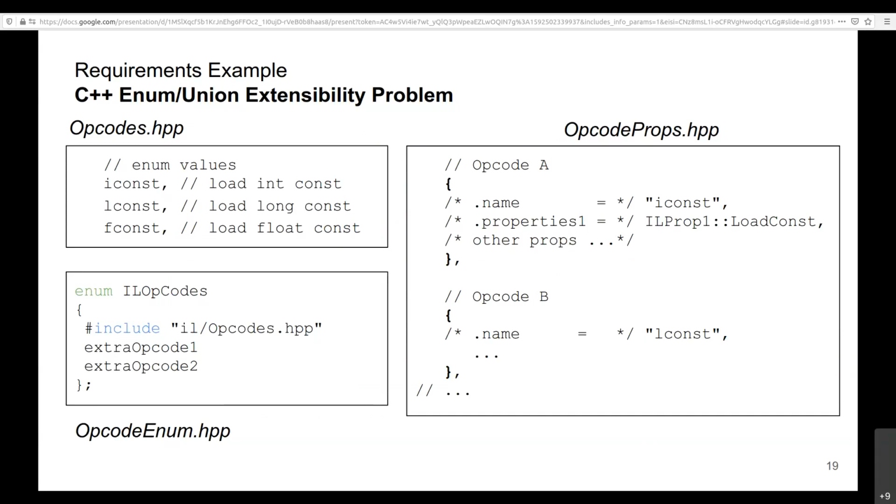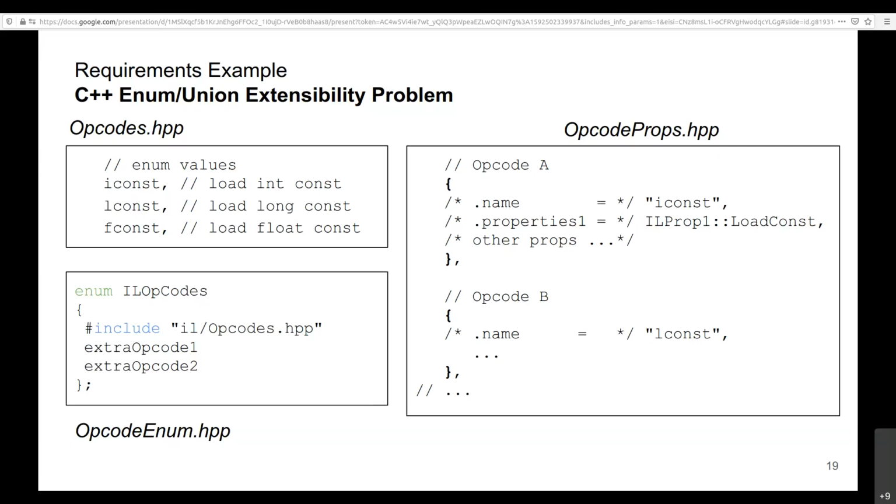And each opcode has a list of properties such as name, token, and other properties used by the virtual machine. For example, the return type or the argument types. The files that you see here are named differently, but for the sake of brevity, we decided to name them opcodes.hpp, which contains enum values, opcode properties.hpp, which contains array-like entries with all opcode properties, and opcode enum.hpp, where opcode enum values are included.